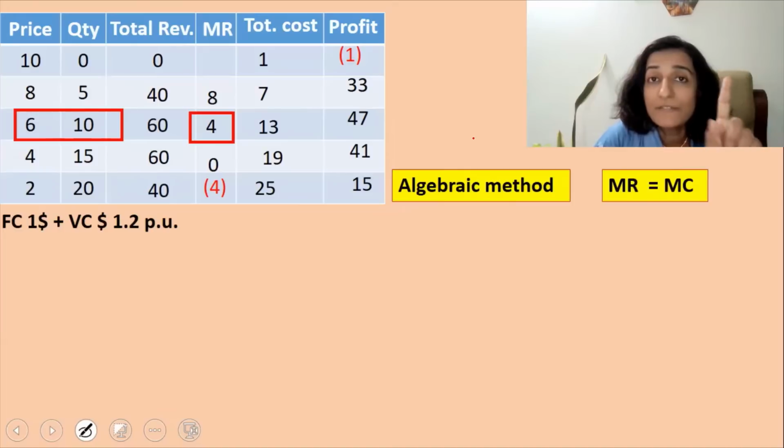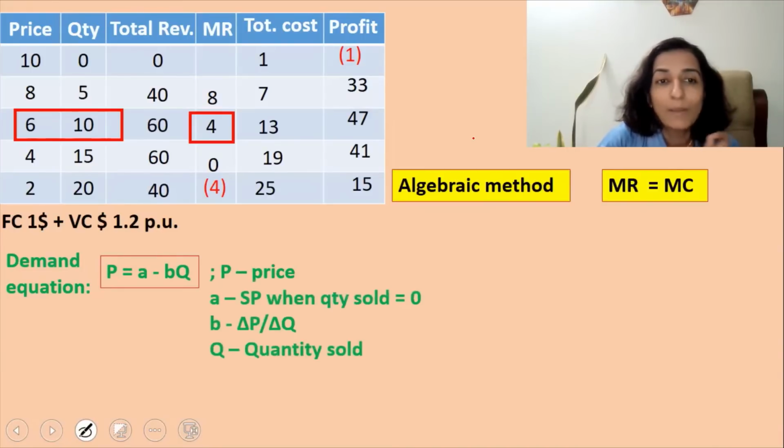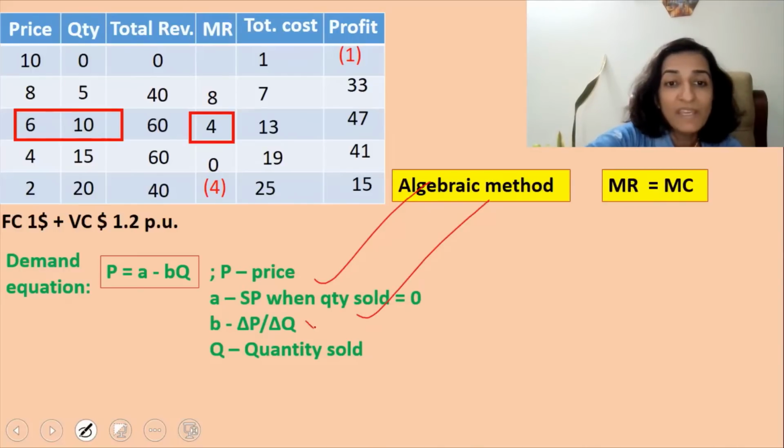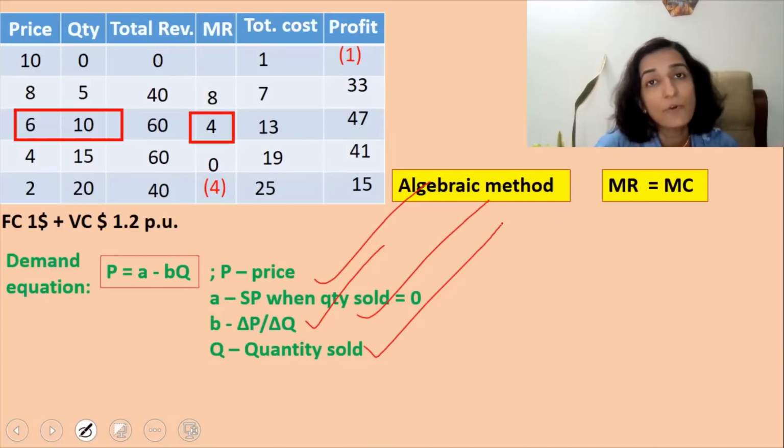Now, the first formula that you have to learn is the demand equation given by P is equal to A minus BQ, where P is the price, A is the selling price when quantity sold is equal to 0, B is the change in price divided by change in quantity, and Q is the quantity sold. So this is the formula of the demand equation.